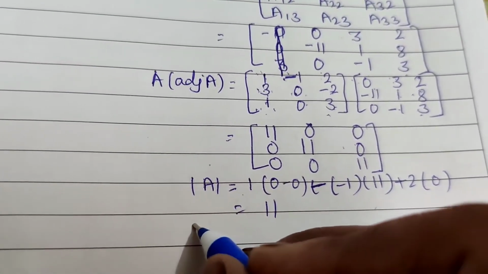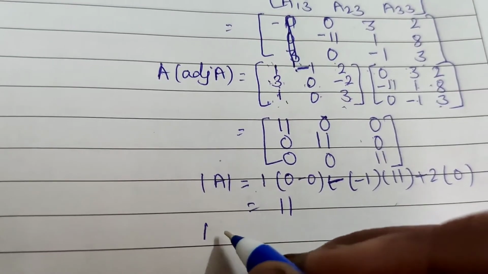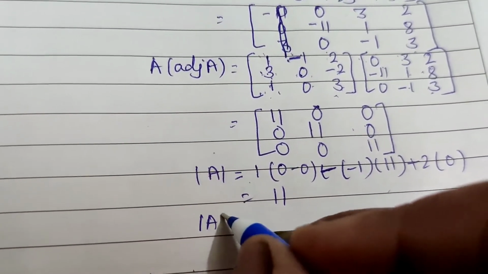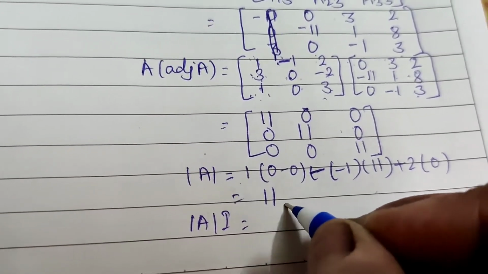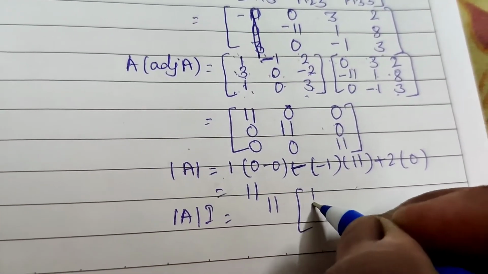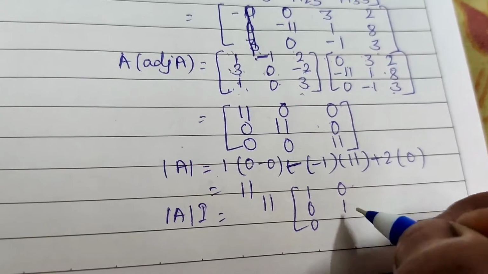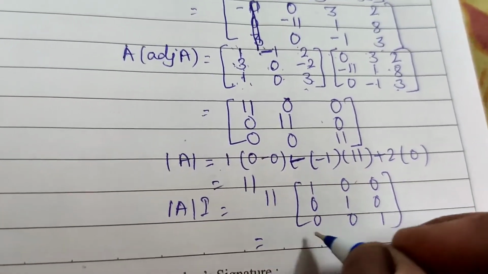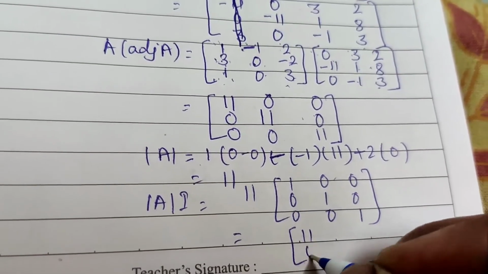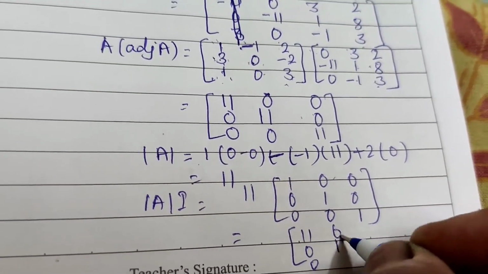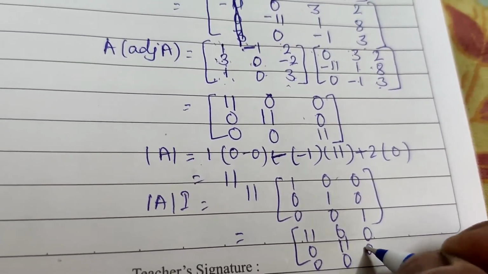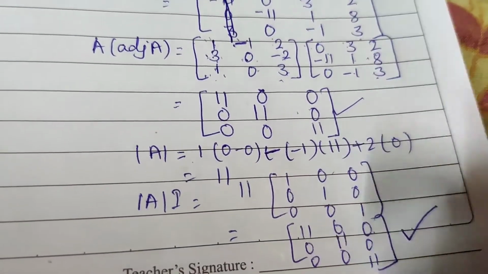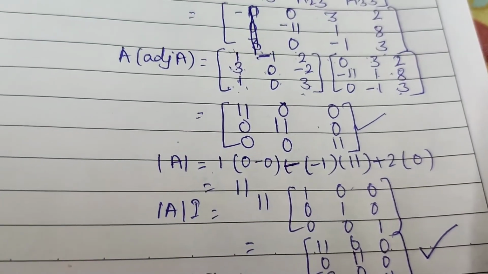So now A into determinant A into I, it is also equal to 11, 1 0 0, 0 1 0 and 0 0 1, equal to 11 0 0, 0 11 0 and 0 0 11. It means LHS equal to RHS. Verified.